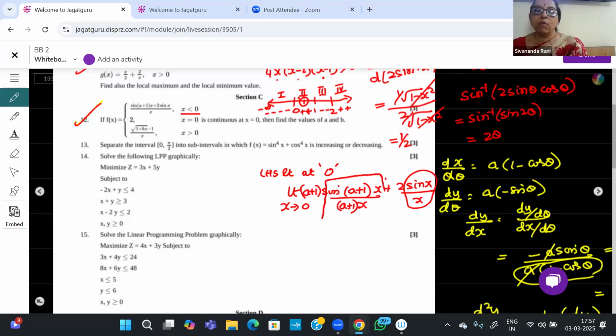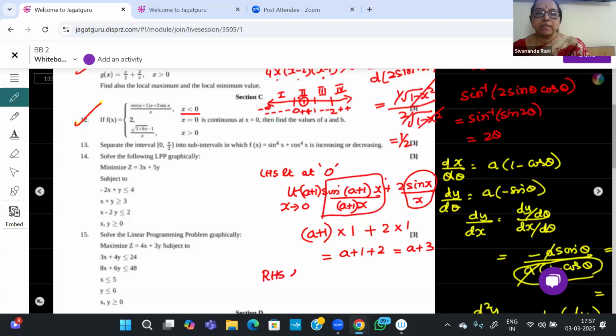Now this will also become 1. So what remains is a plus 1 into 1, plus 2 into 1. So a plus 1 plus 2, that is a plus 3. Understood? This is the LHS limit. Just by splitting it and multiplying and dividing by a plus 1, we got this.